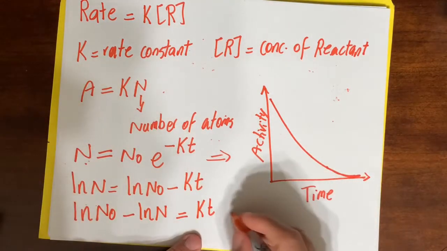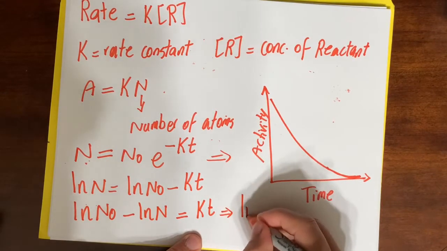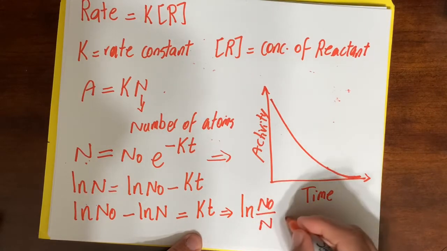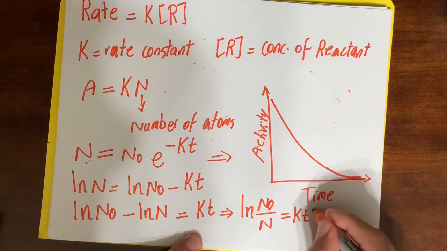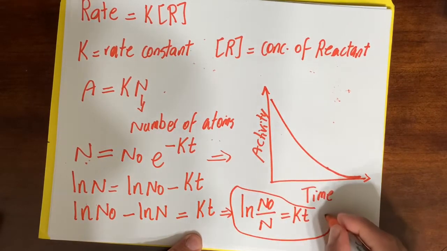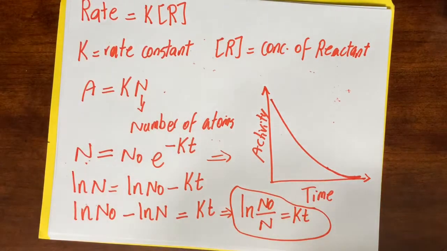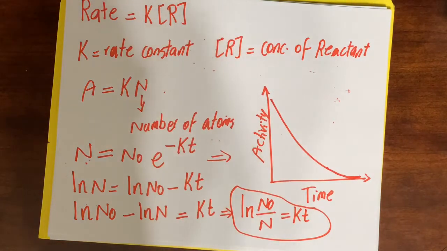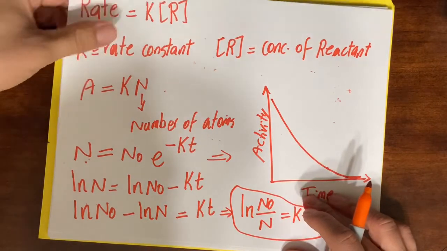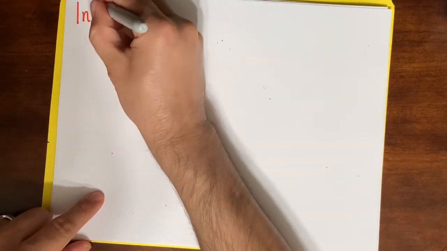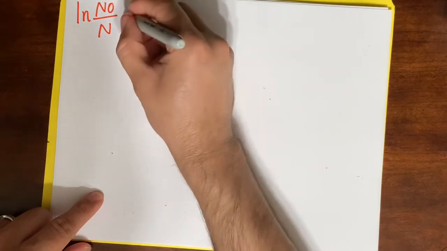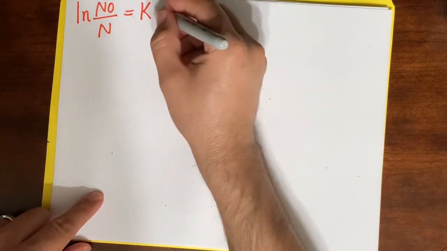So this is going to be equal to ln of N0 divided by N equal to kt. Okay. And this is first order. Okay, the first order formula. So we got ln of N0 divided by N equal to kt.